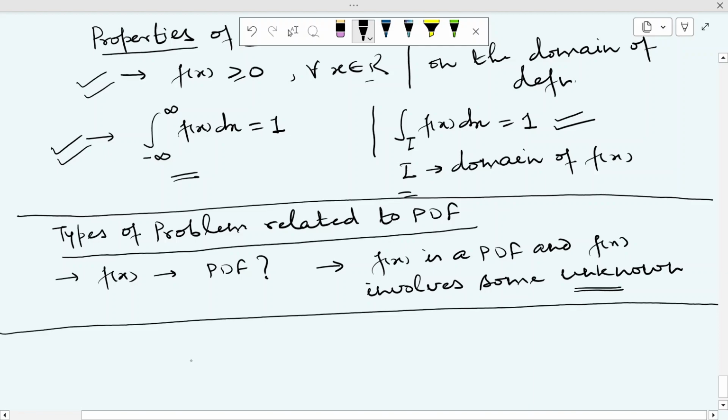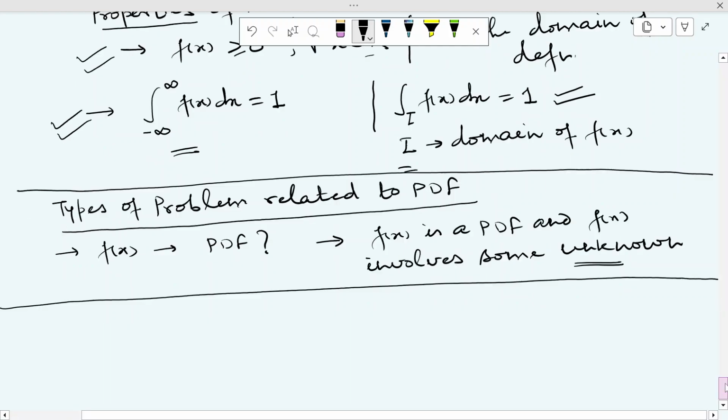So now let us discuss some problems on the probability density function.